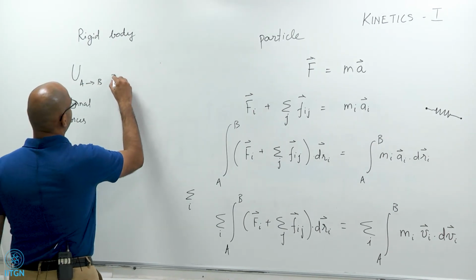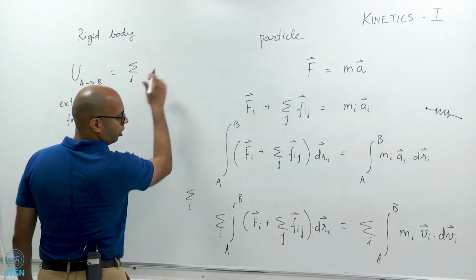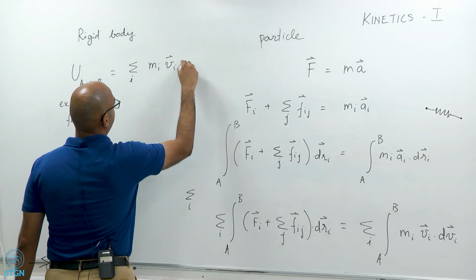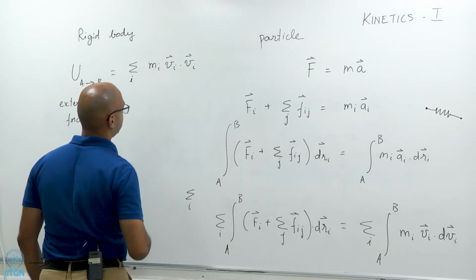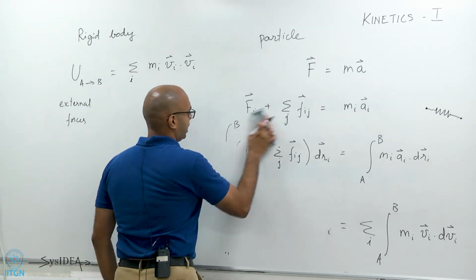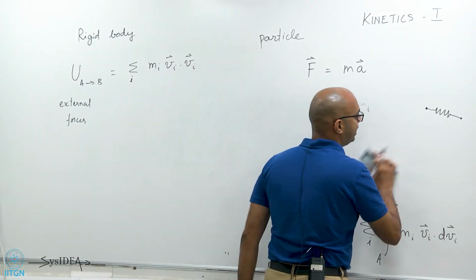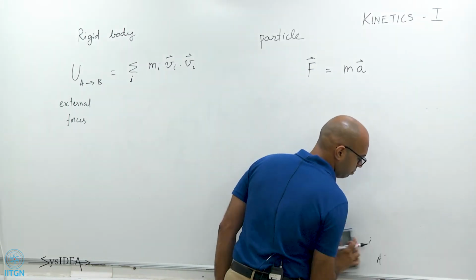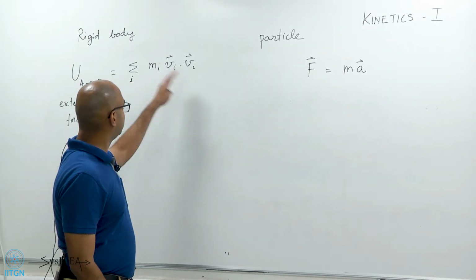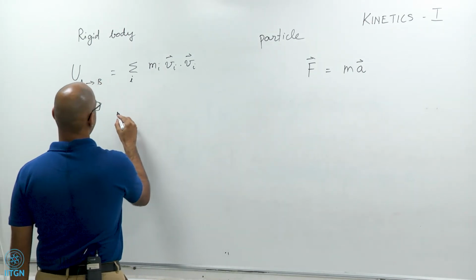And on the right hand side, you would get sum of mi vi dot with vi. Again, for simplicity, I am writing it as a sum, but as I mentioned earlier, for a rigid body, it's really an integral over dm. That's the right way to do it, but for simplicity, just to see how the spirit of the derivation works, I'm using a summation here.